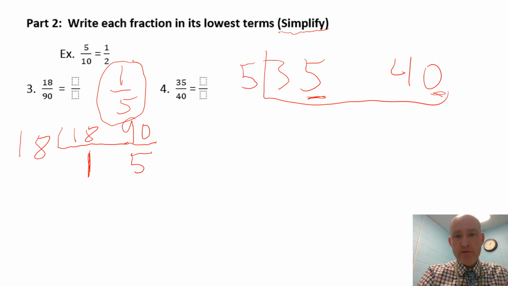So we know that 35 divided by 5 is 7, and we know that 40 divided by 5 is 8. So we have our fraction as 7 over 8.